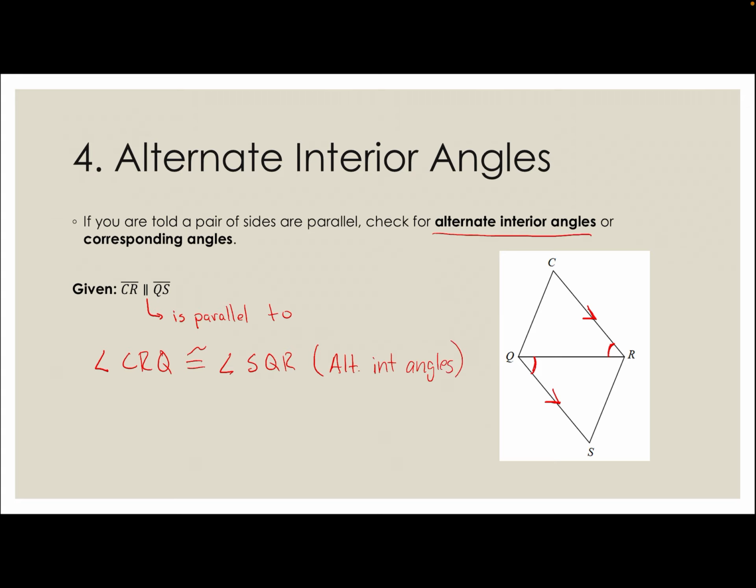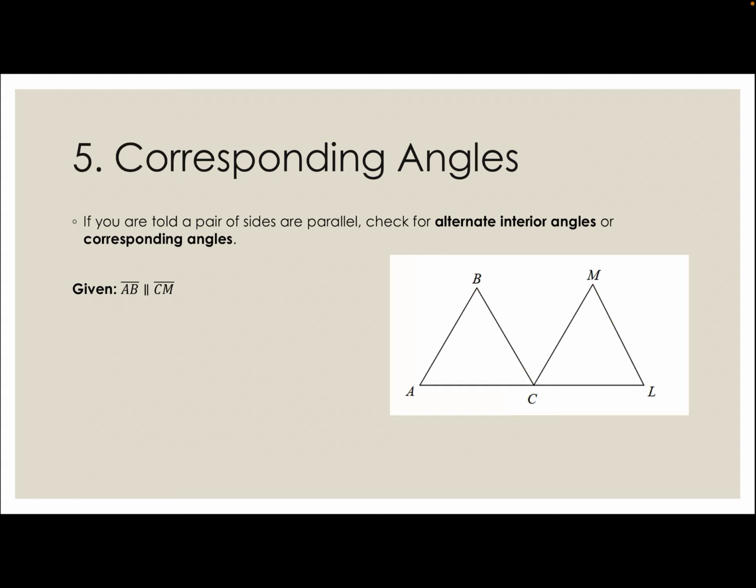All right. And the last reason that we have for congruence when it comes to angles is corresponding angles. Remember, corresponding angles are in the same spot relative to a transversal and a pair of parallel lines. So we're given that AB is parallel to CM. So in that case, AL is a transversal.